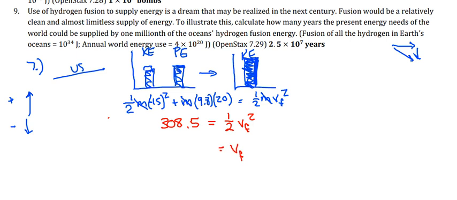So without knowing the mass, I'll just multiply that by 2, take the square root, and we get 24.8 meters per second. Okay? And so to answer the question, it doesn't matter whether this is negative or positive, because when we square it, the kinetic energy is going to become positive.